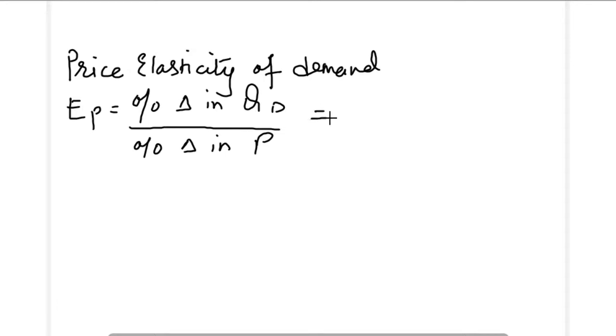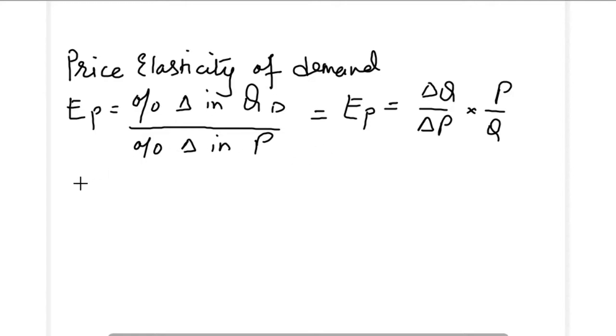Further, to elaborate, the same formula can also be written as EP is equal to delta Q upon delta P multiplied by P upon Q. This helps us to understand and calculate point elasticity of demand.